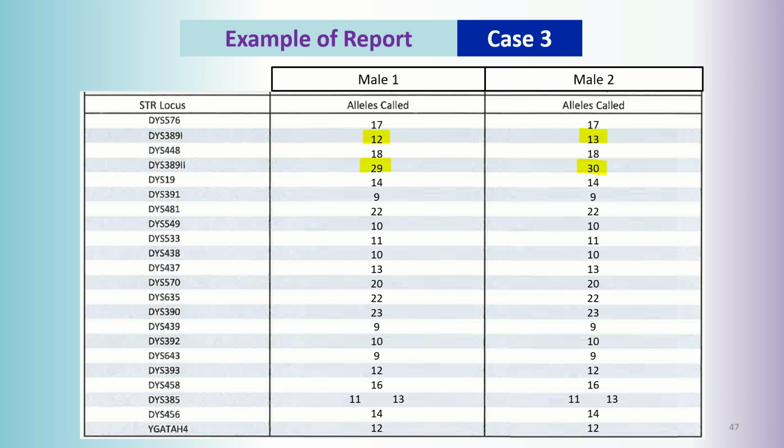Only 2 loci do not match between the samples. So as a conclusion, we cannot exclude male 1 and male 2 from being of the same lineage.